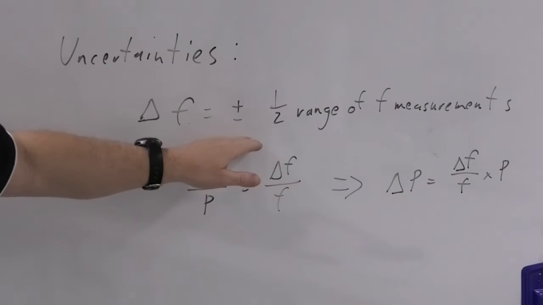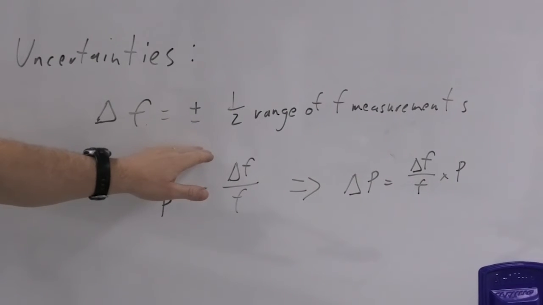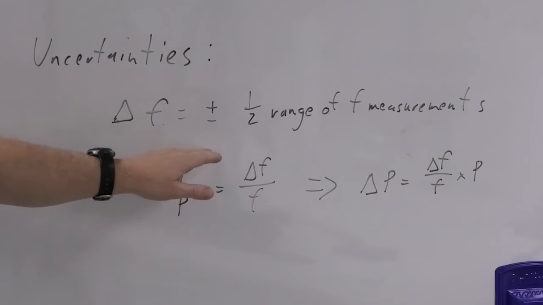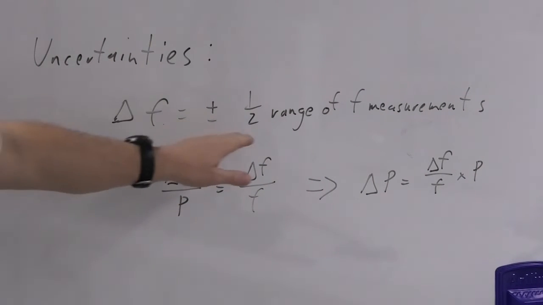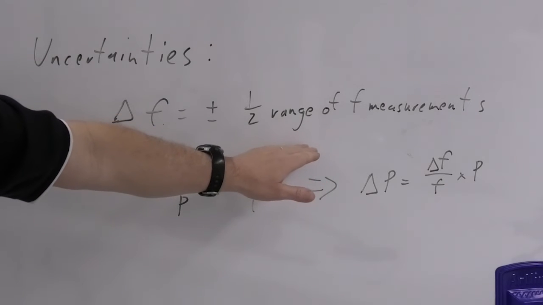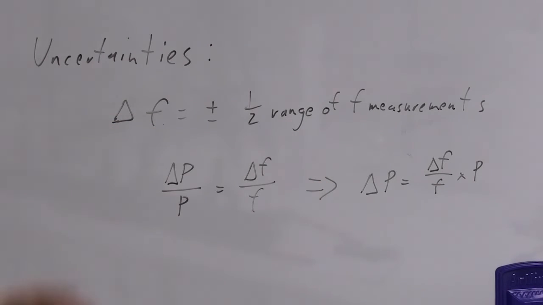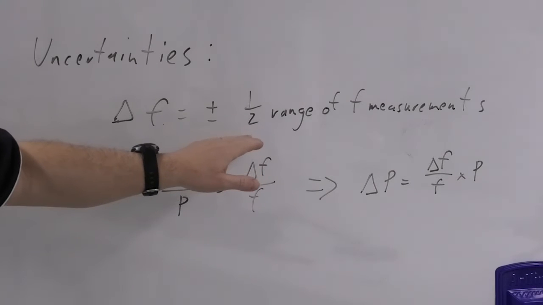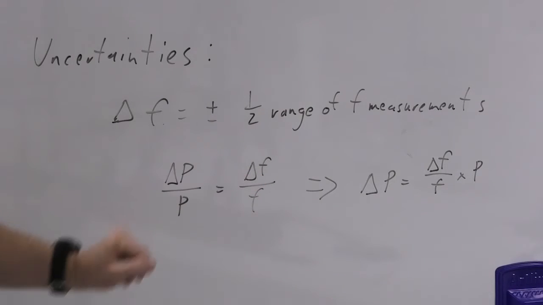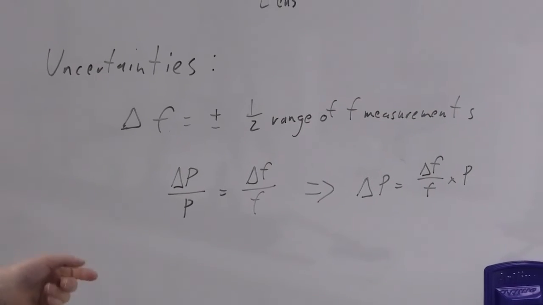You'll have measured it, I think, 4 times, and chances are you don't get exactly the same measurement every time. So just use plus or minus half the range of the measurements that you see in the same unit as that. If you get the same measurement every time, you can use half the smallest scale division of the instrument that you used.